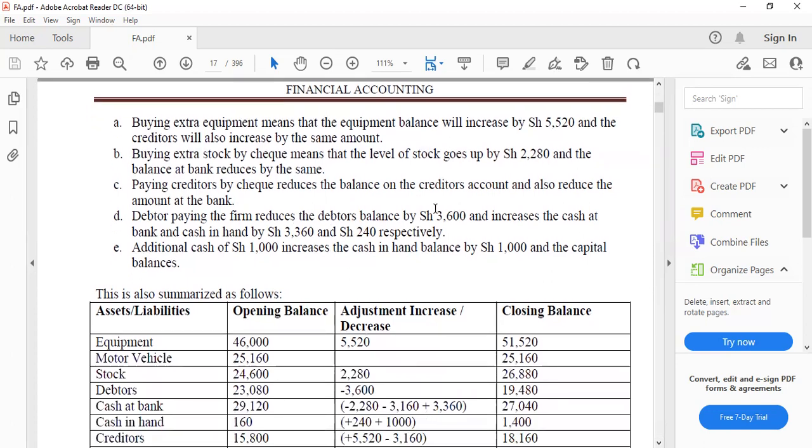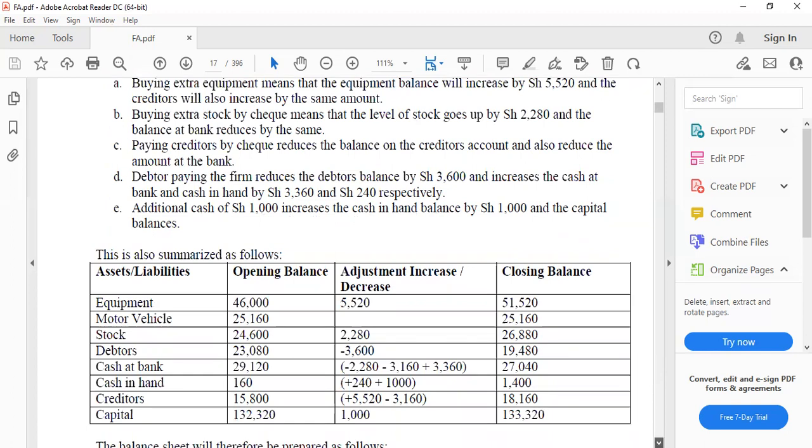That means you have a certain amount of debtors, they pay you, the amount of debtors reduces, and you receive the money in cash and in the bank, so their respective accounts will increase. As I mentioned, we shall soon look at how to prepare ledgers for each and every item. Additional cash of 1,000 increases the cash in hand balance, and 1,000 increases the capital balance.